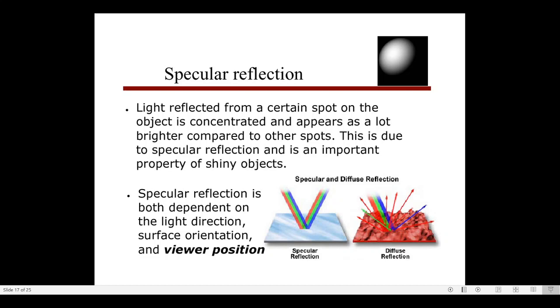When we observe specular reflection, the viewer position is also very important. If the viewer changes position, we can observe different reflection or light with different intensity. That's why in specular reflection the viewer position is important, whereas in diffuse reflection the viewer position is not important.